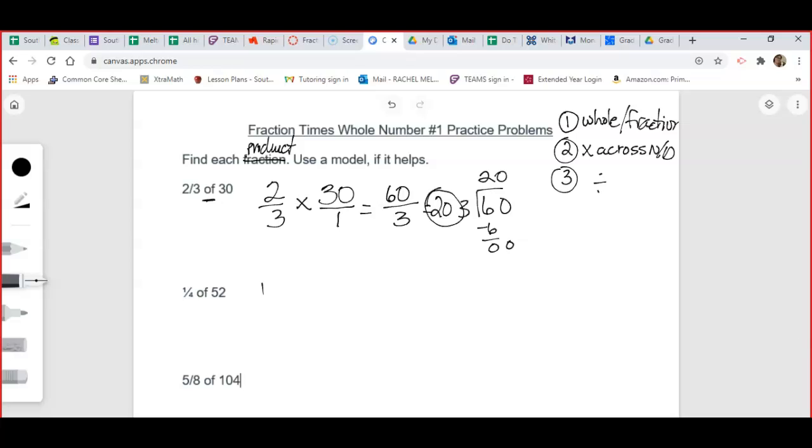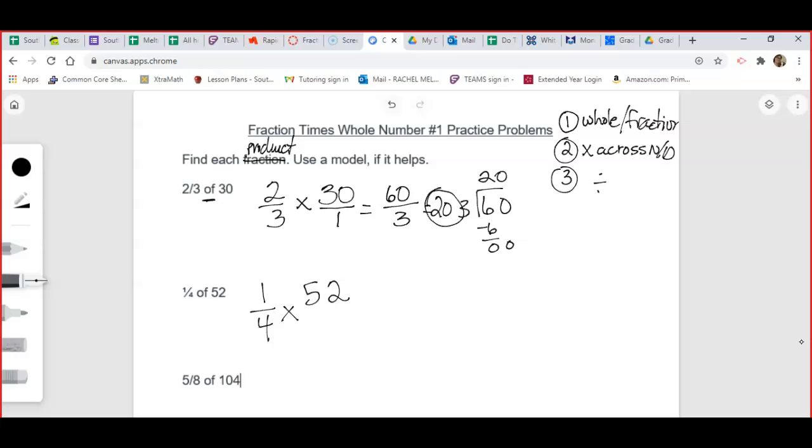So this time I want 1/4 of 52. Abraham, what do I do first? Abraham, what am I going to do first?